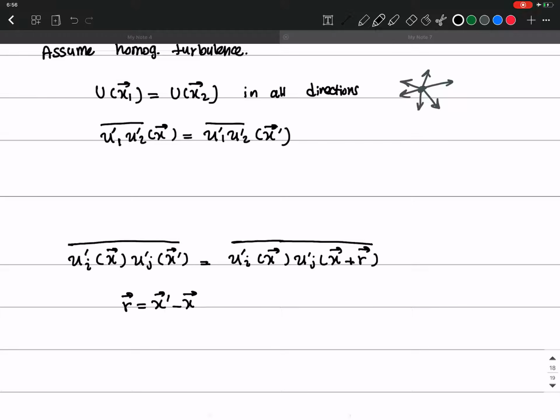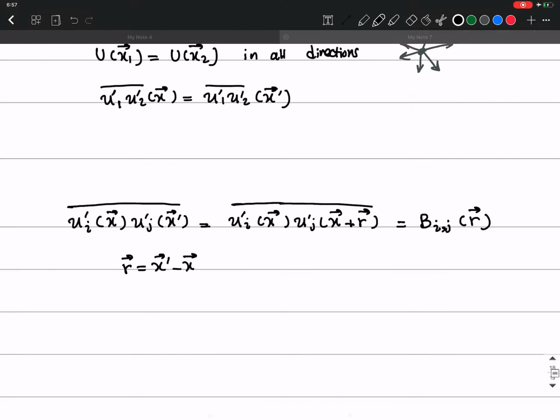So you can show that in a homogeneous turbulence, if you take these kinds of correlations between two points in a flow, then these are only a function of their distance, which we show as Bij(r), okay?